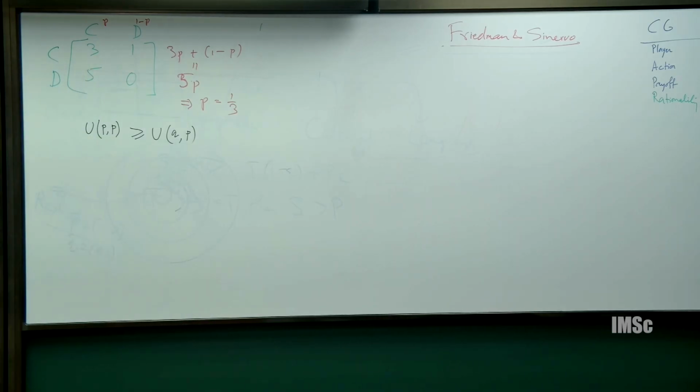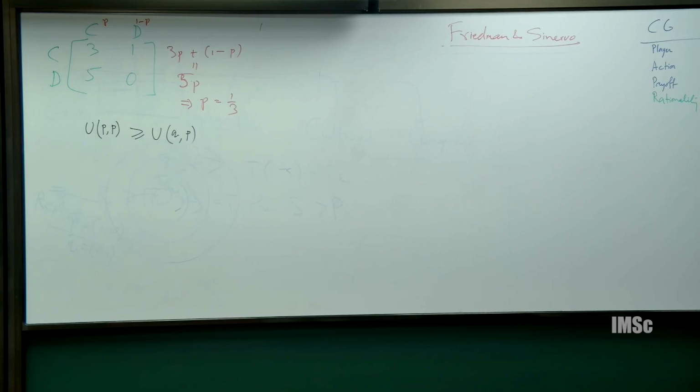Now, because I am working with only a 2-action game, I am no longer putting a vector, because the first component of the vector is enough to define my U. So I am writing it like that.